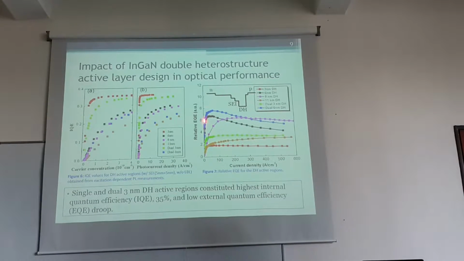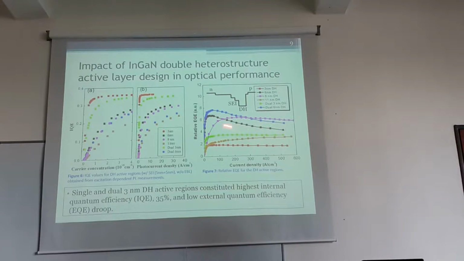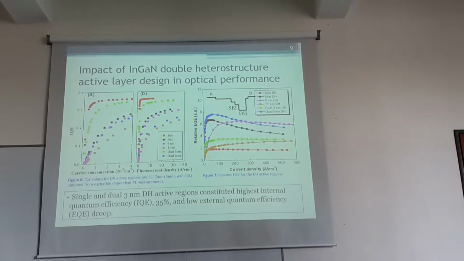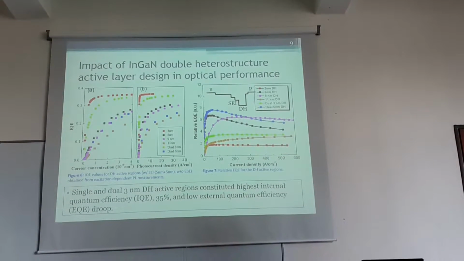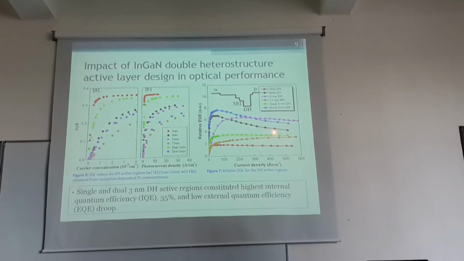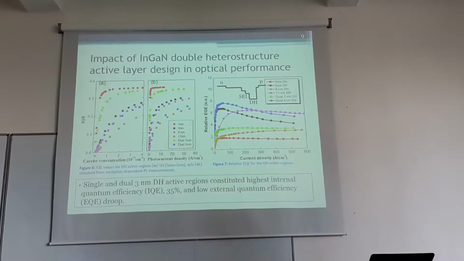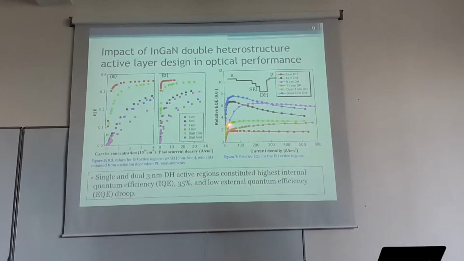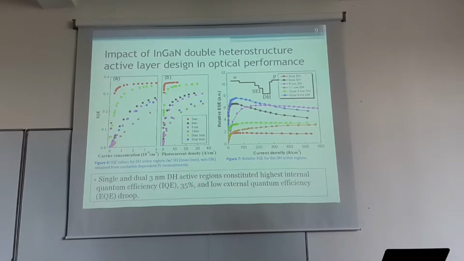As you see from 6 nanometer and dual 6 nanometer, we clearly see efficiency loss at high current densities. However, at 3 nanometer and dual 3 nanometer, we see a lower efficiency loss.